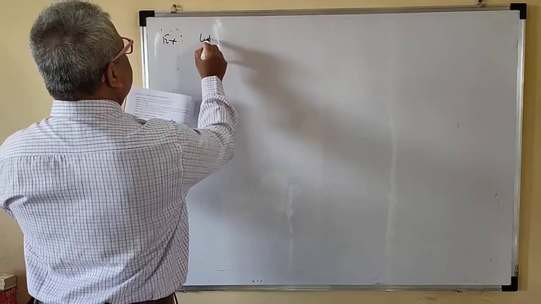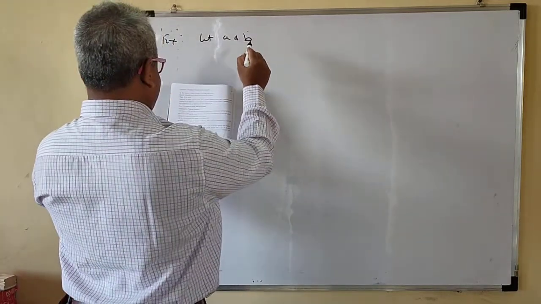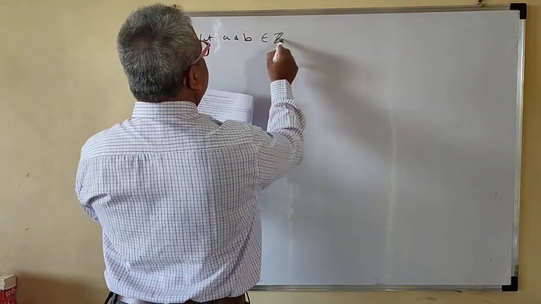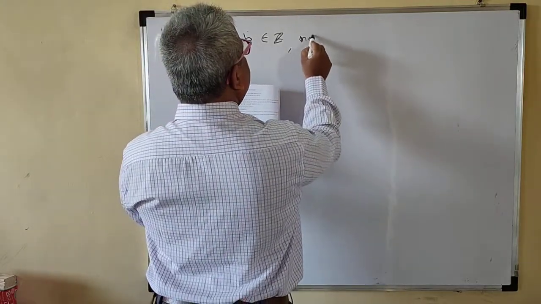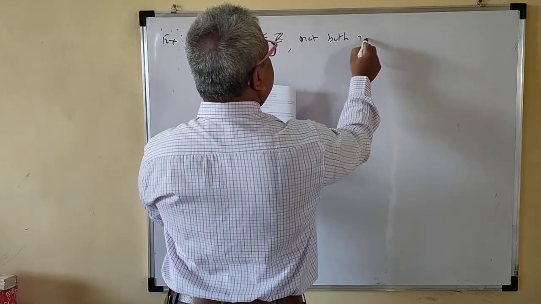Okay. Let A and B belong to Z, not both zero.